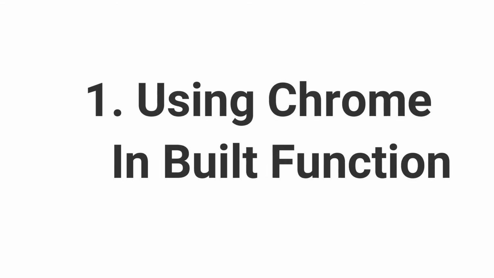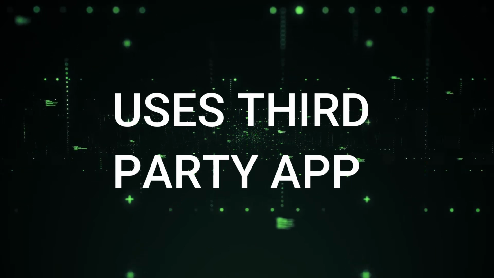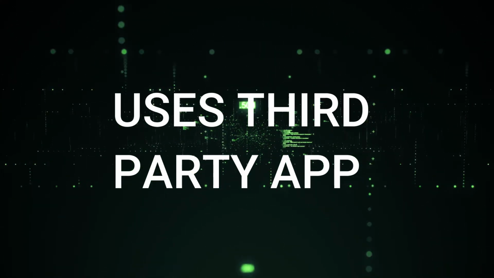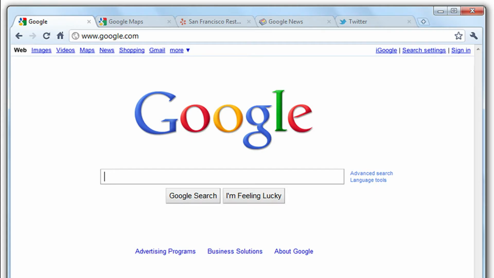Starting with the first method, using the Chrome inbuilt function. In this section, you will see how we can enable Chrome to continue from the Chrome itself without using any third-party apps. Let's see how you can use it. First, launch Chrome browser on your PC. Open a new tab.